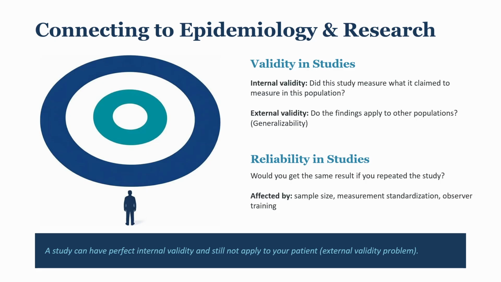For now, I want you to carry forward this foundational understanding. Validity means measuring the right thing. Reliability means measuring it consistently, and both can be threatened in both clinical tests and research studies.